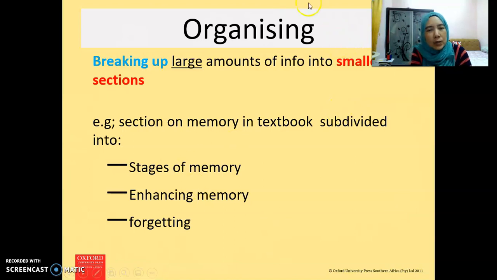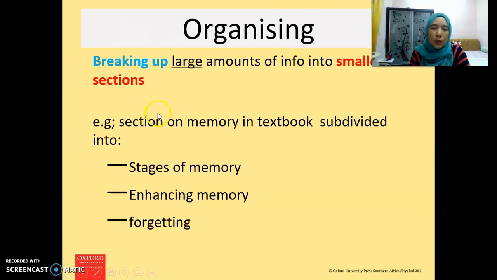Another thing we can use as a technique is organizing. Organizing is breaking up large amounts of information into smaller sections. It's not like chunking, more or less like chunking, but this one is where we break up the information into smaller sections.